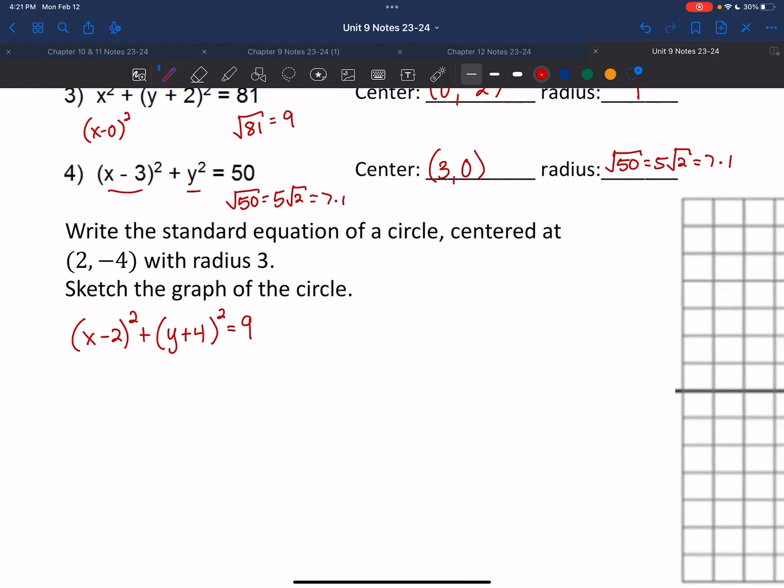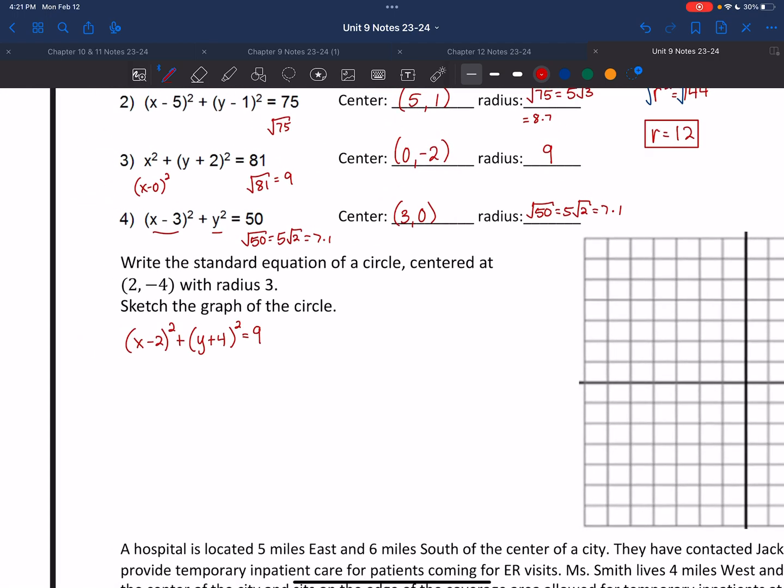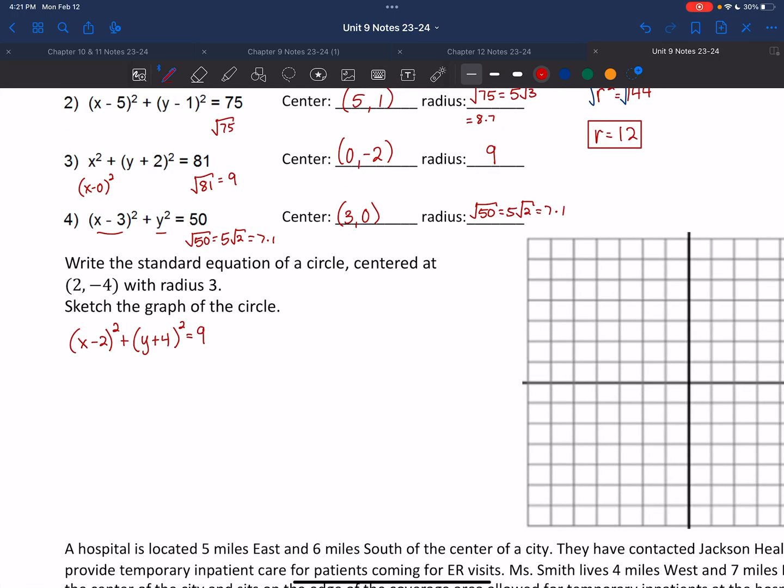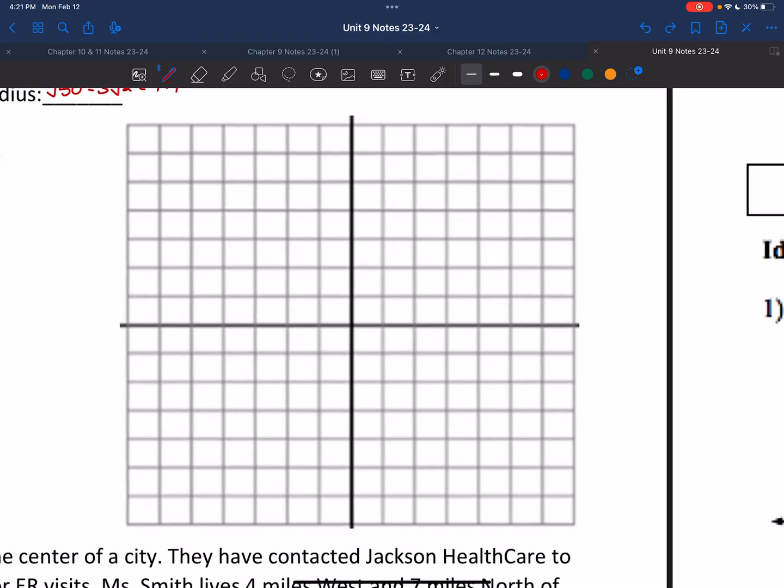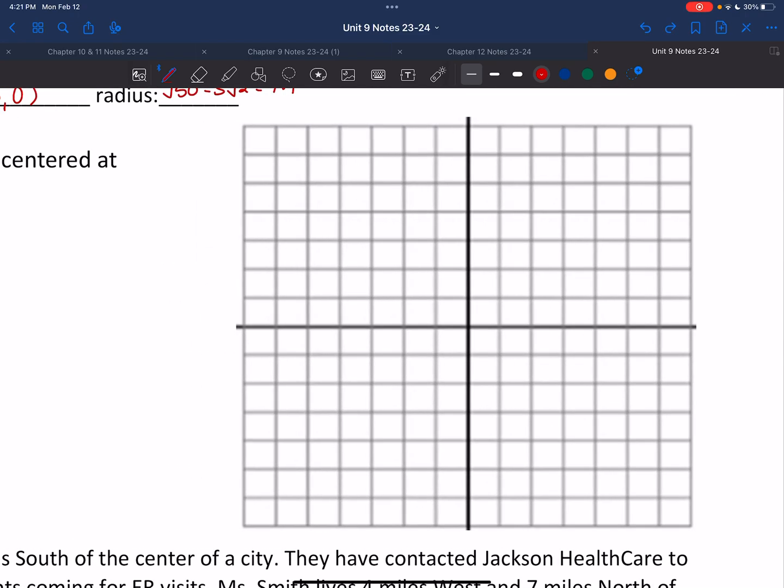So that's my equation. Now, if I want to draw it, first thing I'm going to do, I'm going to plot my point for my center. So I'm at 2, -4. So I come over here, 2, and then down 1, 2, 3, 4. So there's my center. And then my radius is 3. So I'm just going to go out 3 units. 1, 2, 3.